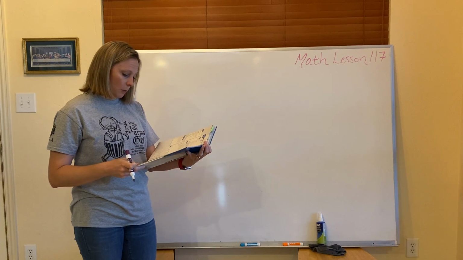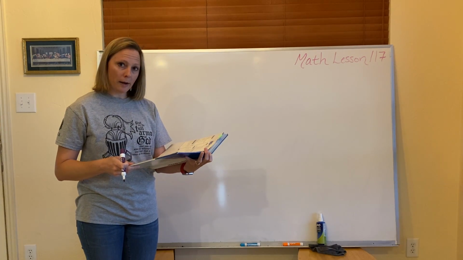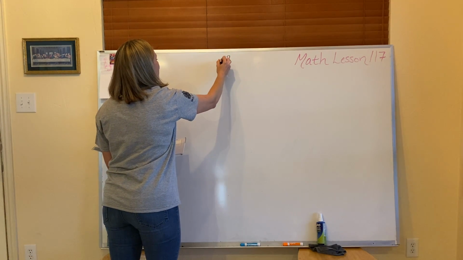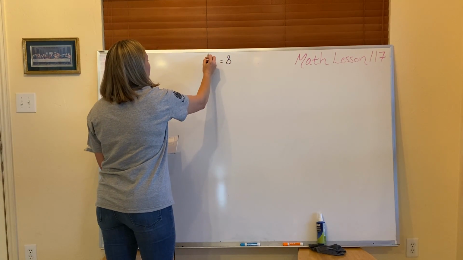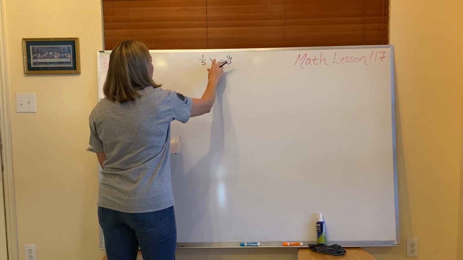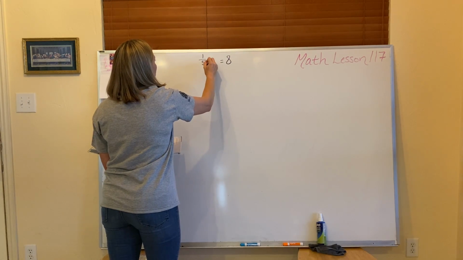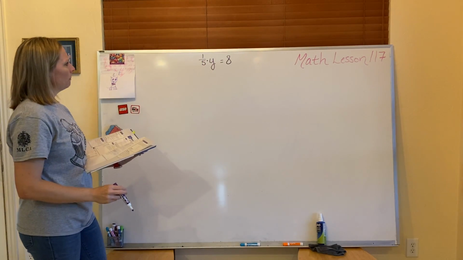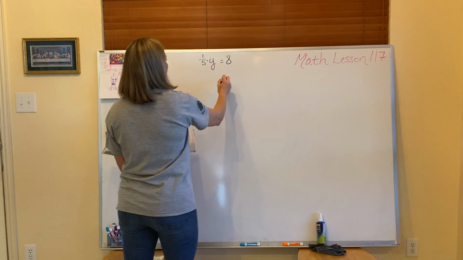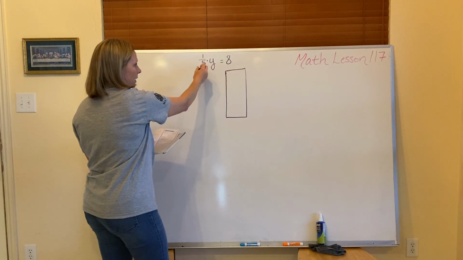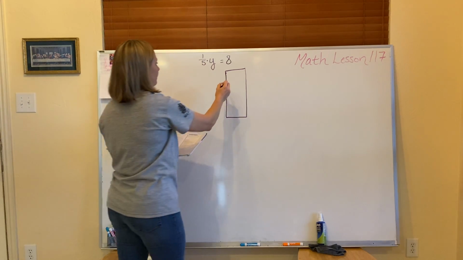So we will draw diagrams to solve. 8 is 1/5 of what number? So that's like saying 8 equals 1/5 of Y. 1/5 times Y. Okay. So we're dividing our box into the number in the denominator, 5.